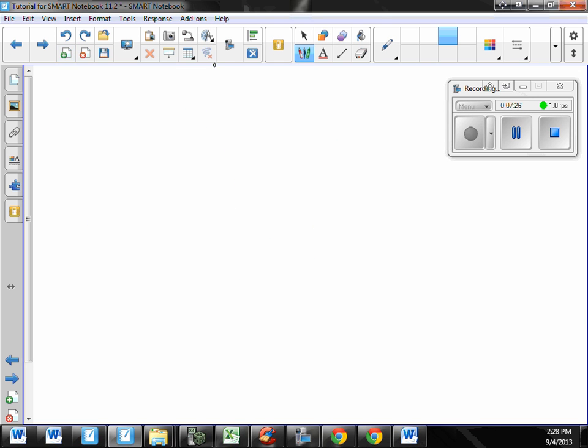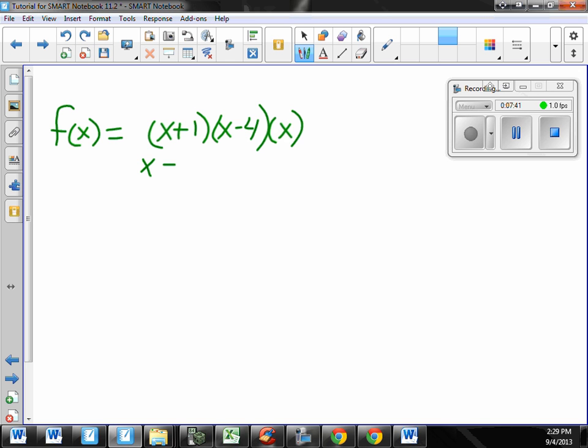Okay. What about this? Good. That x is a 0, so my roots are negative 1, 4, and 0. Is this a positive x to the third or a negative x to the third?